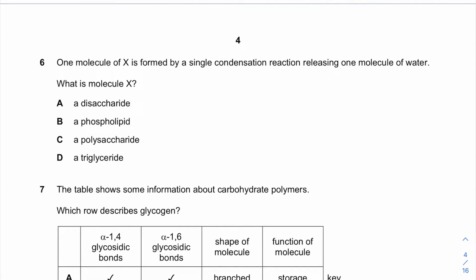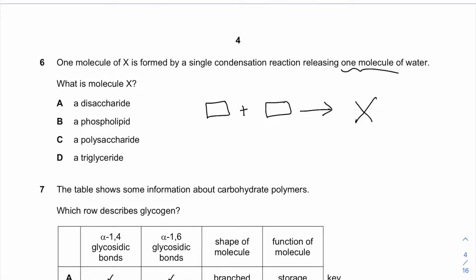Question number 6. One molecule of X is formed by a single condensation reaction, releasing one molecule of water. So X is formed by condensation. Condensation is always building up two small monomers into a polymer.